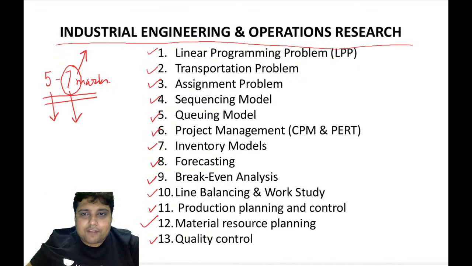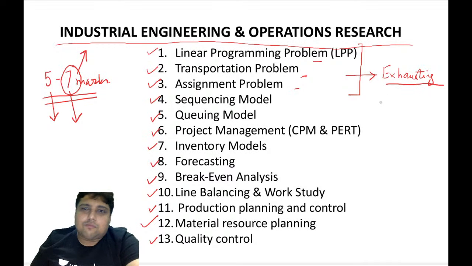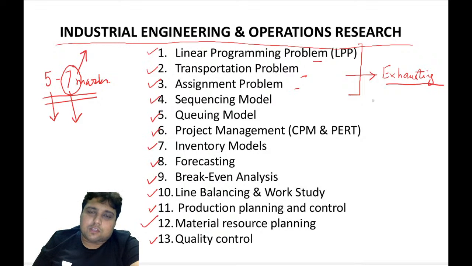Now, out of these 5 to 7 marks, these 3 topics, LPP, transportation and assignment, are highly exhausting. Let me write the word here. Exhausting. Why am I saying it is exhausting? Because it takes time to solve questions from these aspects of the subject.